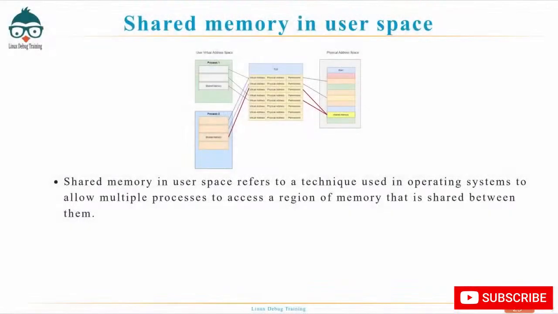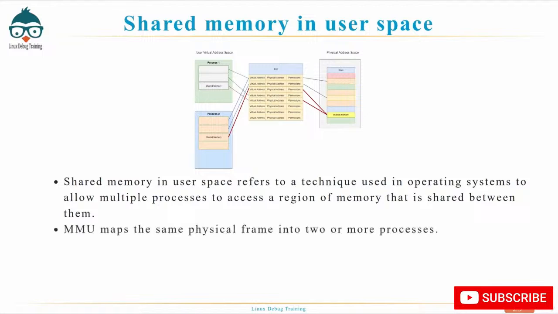The facility of the TLB to manage different mappings is also used in shared memory. Shared memory in Userspace refers to a technique used in operating systems to allow multiple processes to access a region of memory that is shared between them. And this can be useful for inter-process communication or to share common memory-based resources between different processes.